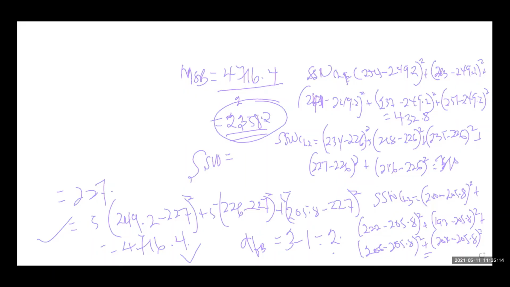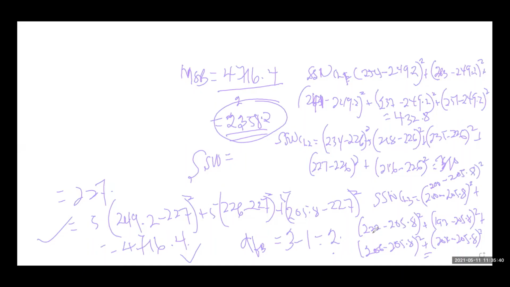I can't really see. Okay. The first one is 200 minus 205.8 squared.